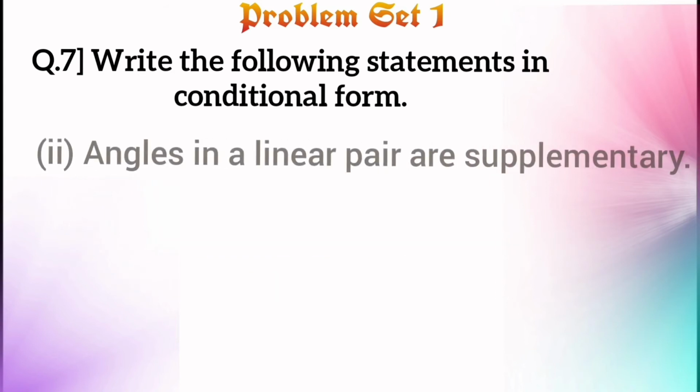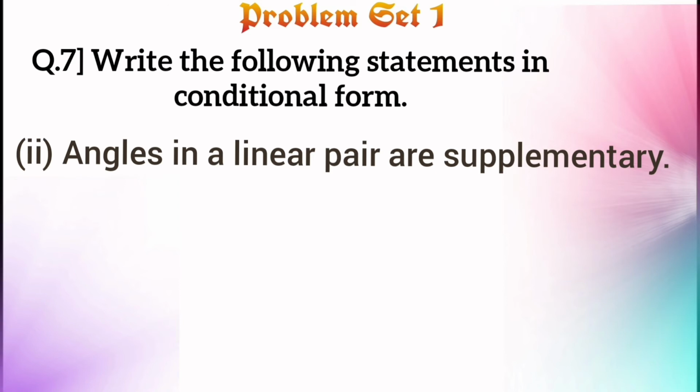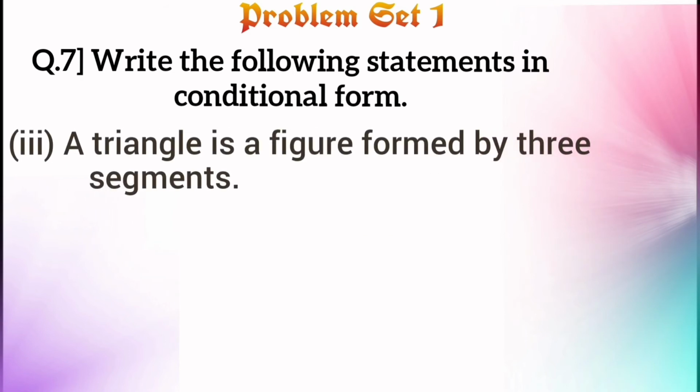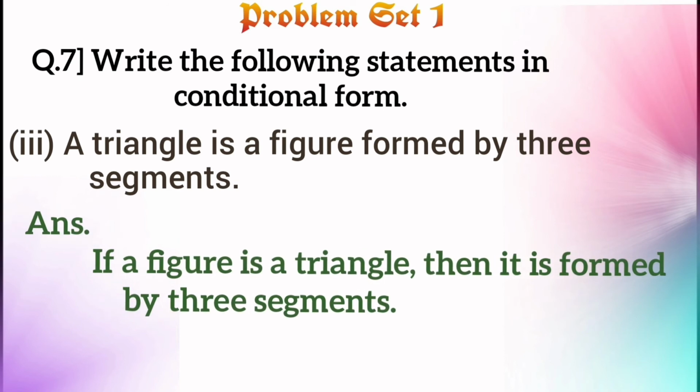Second, angles in a linear pair are supplementary. So the answer for this is if the angles are in a linear pair, then they are supplementary. Third one, a triangle is a figure formed by 3 segments. So we have to write this in if-then form. So the answer for this is, if a figure is a triangle, then it is formed by 3 segments.